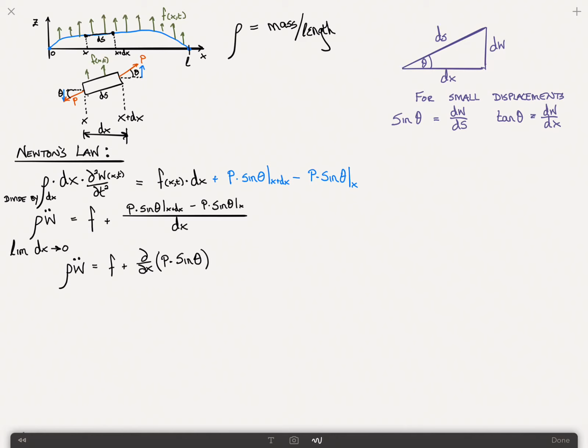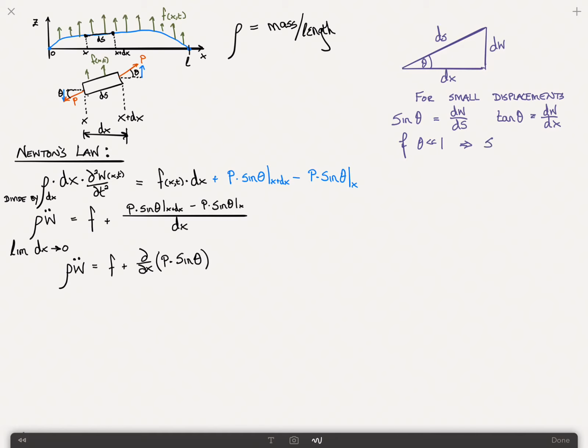But if theta is much less than 1, which is to say small displacements, then ds and dx are equal. And we know from trigonometry that for a small theta, sine theta is approximately equal to theta, which is approximately tangent of theta.